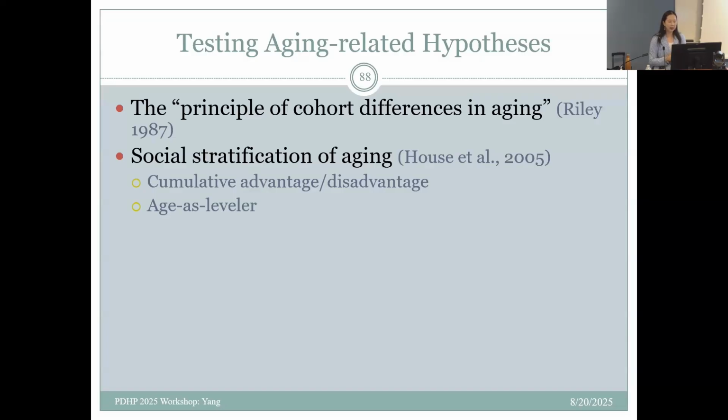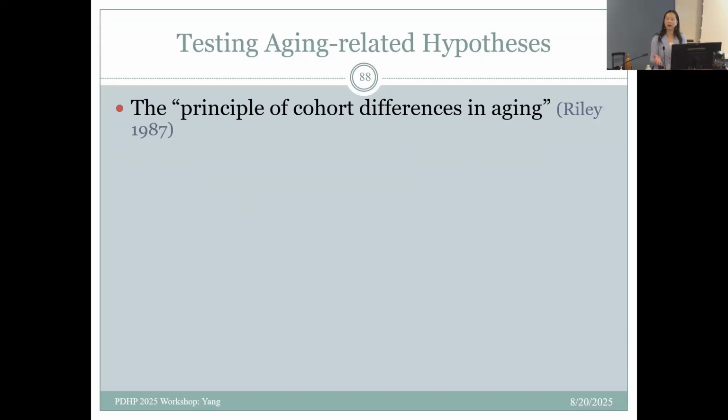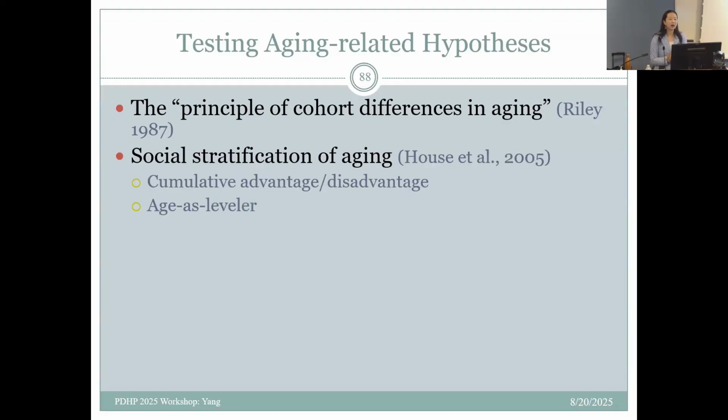That has framed the research that thinks about aging at that time. Interestingly, the principle was not frequently or well tested at the time. Well, in the 1980s, there were probably not enough data.